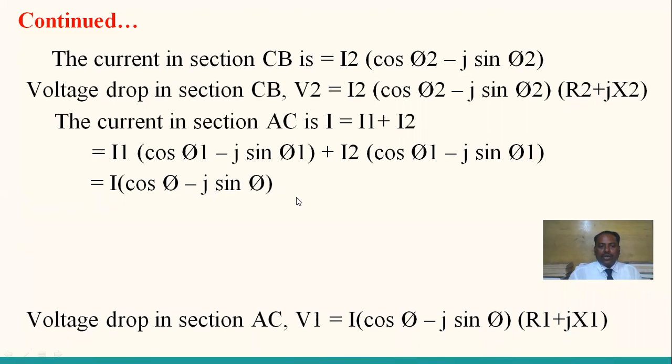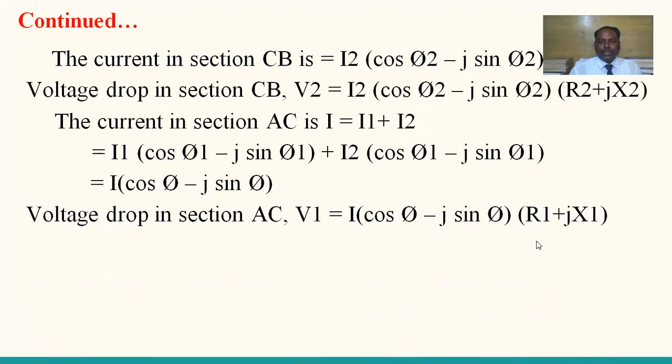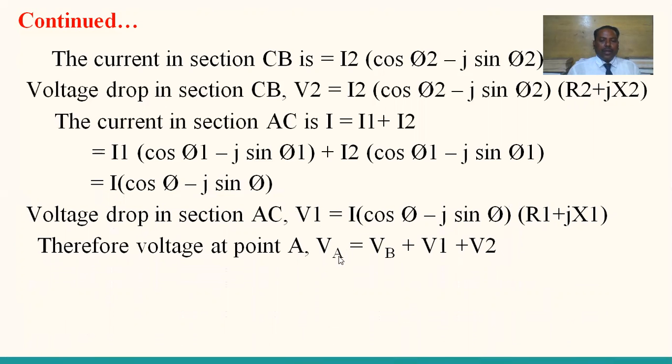And the voltage drop in section AC is to be calculated. Voltage drop in section AC is V1, which is equal to the total current I into (cos φ minus j sin φ) into the impedance of the section, R1 plus jX1. Therefore, the voltage at point A, VA, is equal to the receiving end voltage plus the drop in section AC plus the drop in section CB.